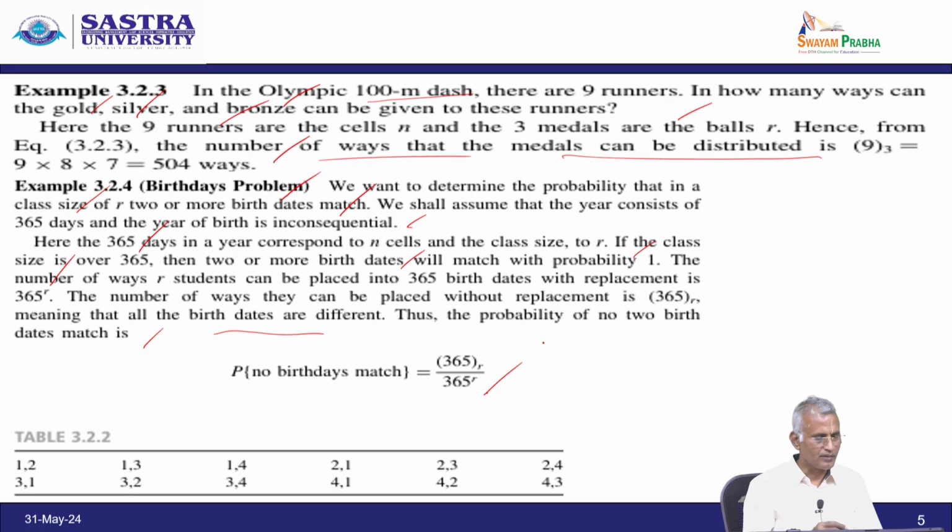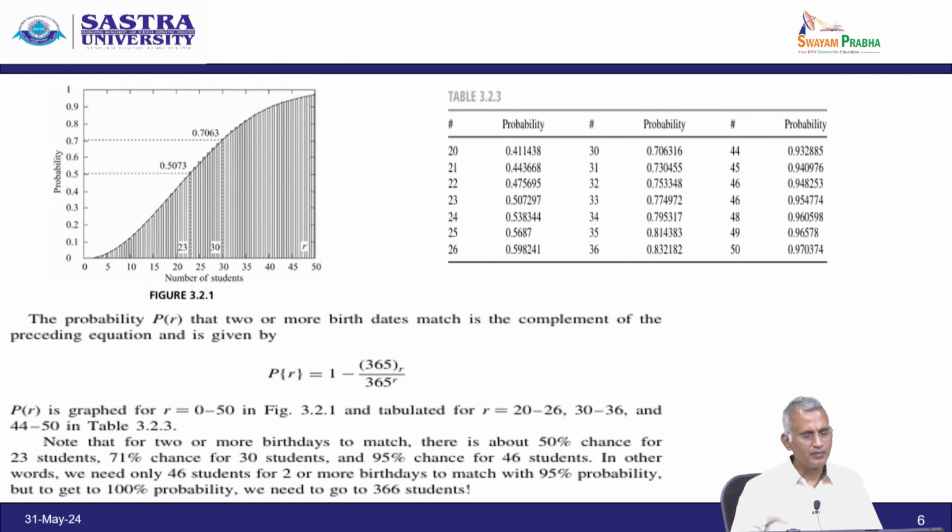So, that can be expressed in the table like this: 1 2 3 1, 1 3 3 2, 1 4 3 4 and 4 2 1 4 1 and 2 3 4 2 and 2 4 4 3. The meaning of the corresponding table was already explained, and based on this the picturization of the number of students can be written like this.